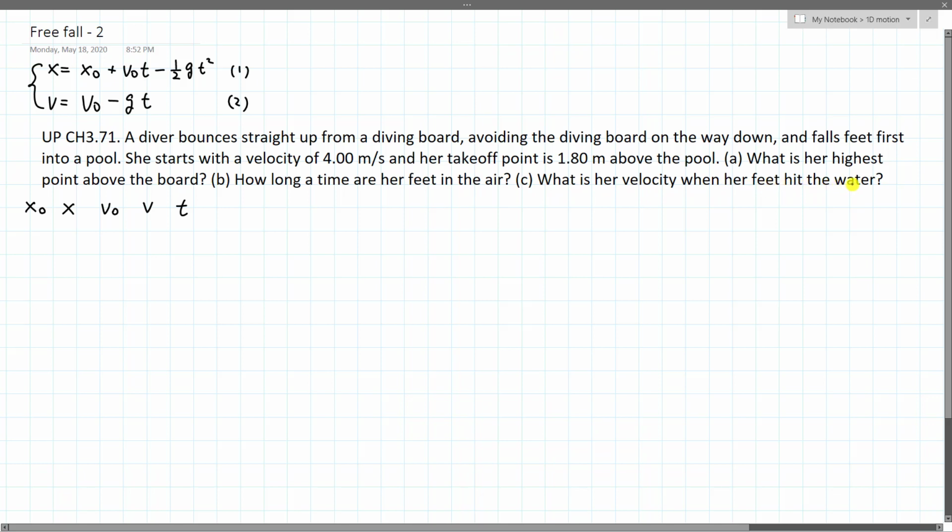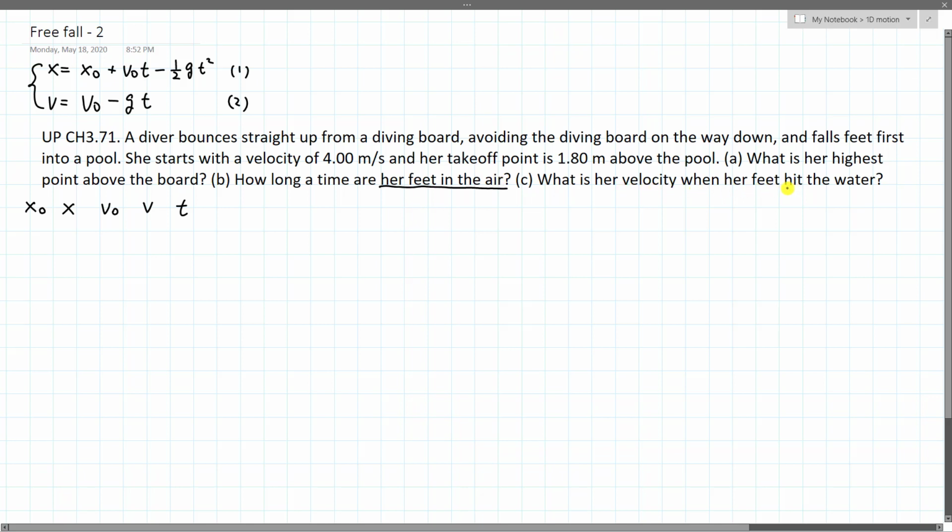So how fast, right? If we take a look at these questions, these two questions are related. How long are her feet in the air? That is between jumping off the diving board and hitting the water surface.